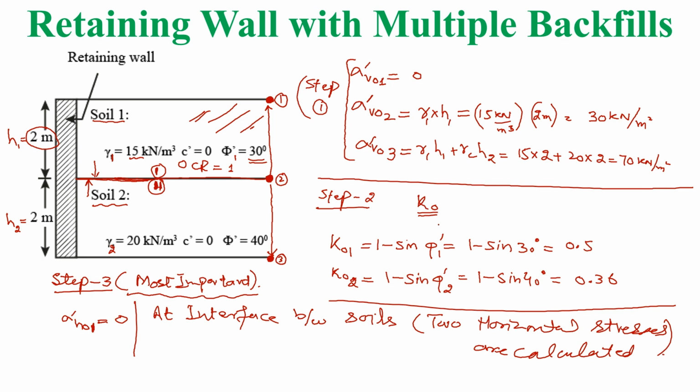So it means that at every interaction between two layers, at every coinciding point between two layers, we will need to determine two horizontal stresses. There will be only one vertical stress at this point as we determine this one, but there will be two horizontal stresses because of this one vertical stress. So how will we calculate those stresses?